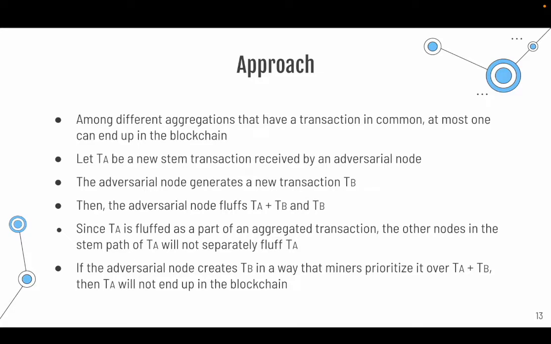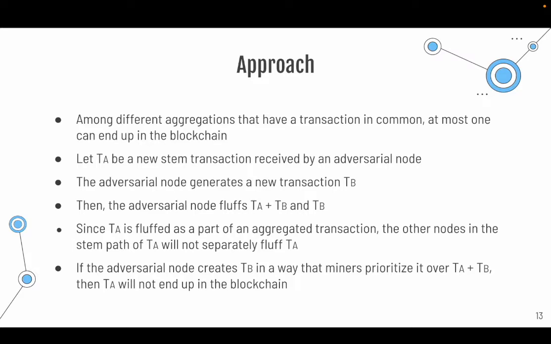Each transaction can be recorded in the blockchain only once. So among different aggregations that have one transaction in common, at most one of those aggregations can end up in the blockchain. So we designed the attack as follows. Let TA be a new stem transaction received by an adversarial node.